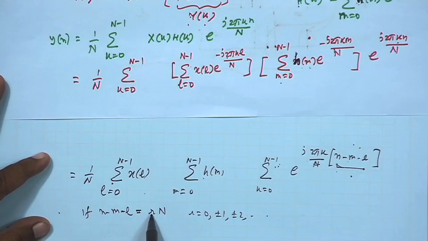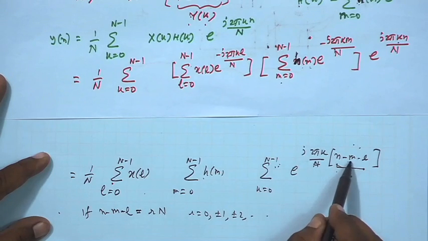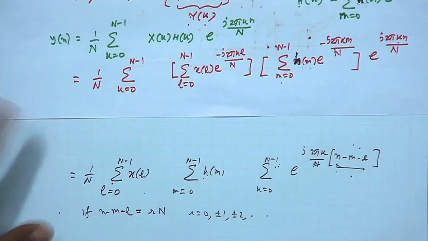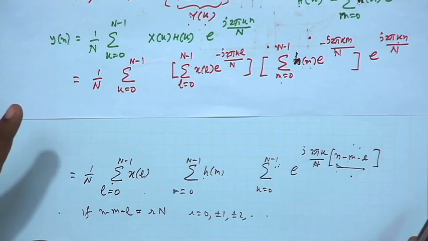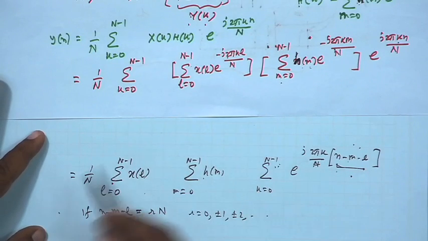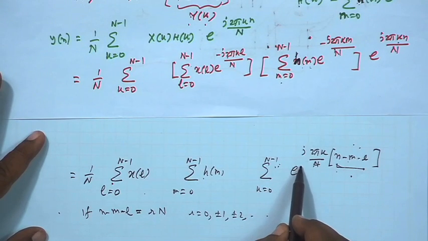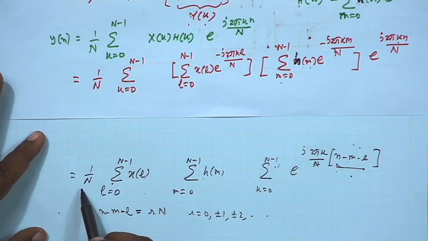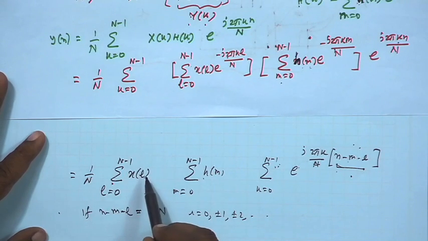That is, if it is 0, n minus m minus L is 0. If it is 1, it is capital N. If it is minus 1, minus capital N, and so on. In that case, capital N and capital N cancel, and you have to carry out this summation.